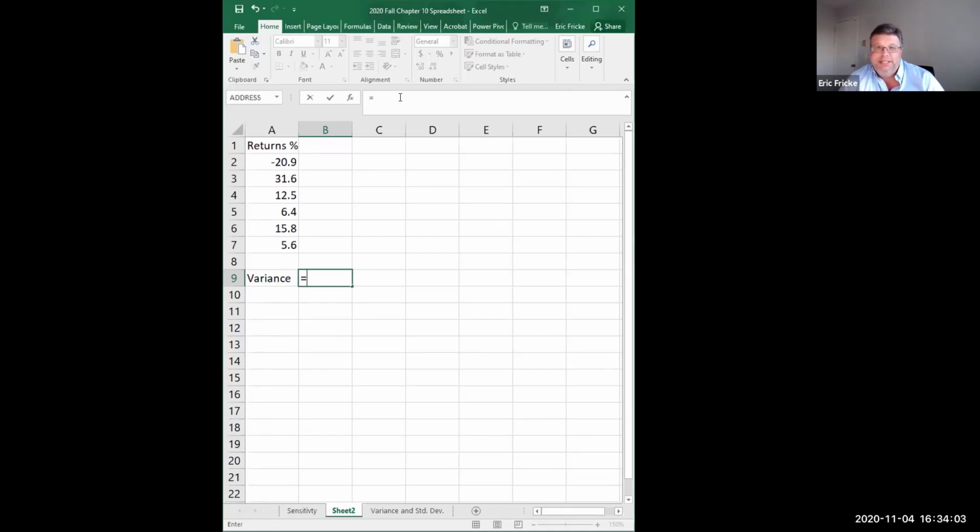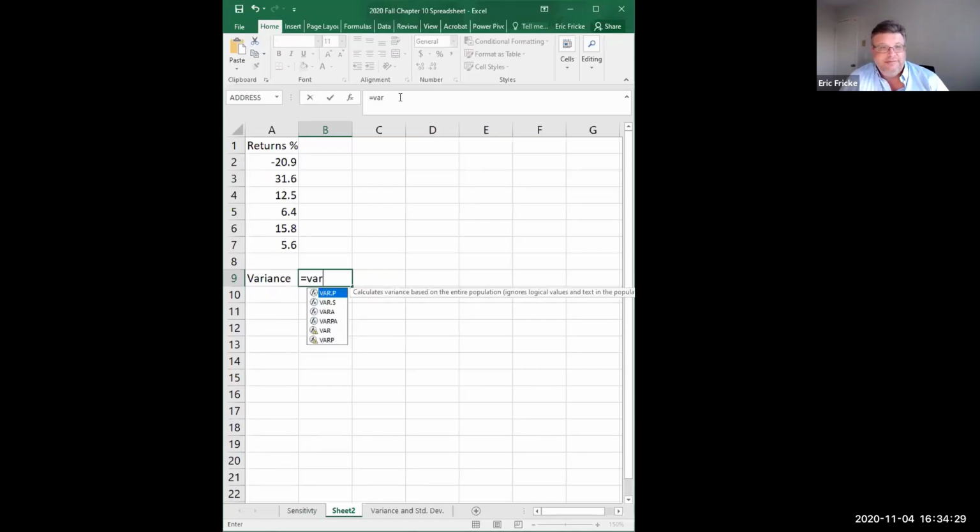We're going to use population variance and population standard deviation. And I think that's what the textbook uses. And if anybody wants to talk about it, I can talk about it after class, when you would use population and when you would use sample variance.